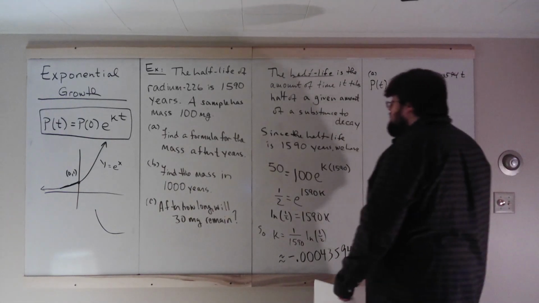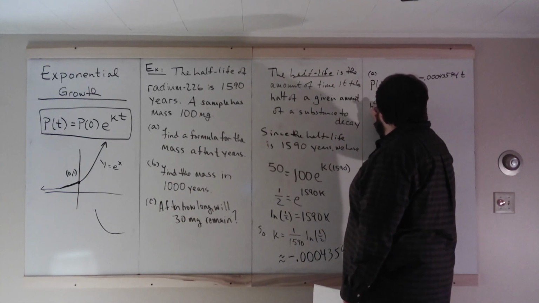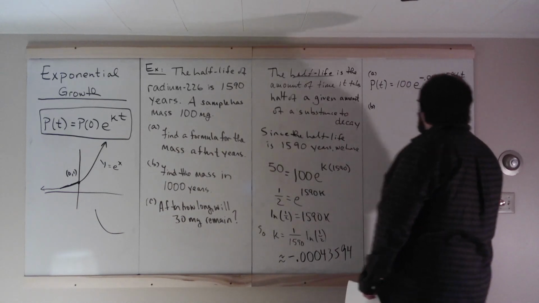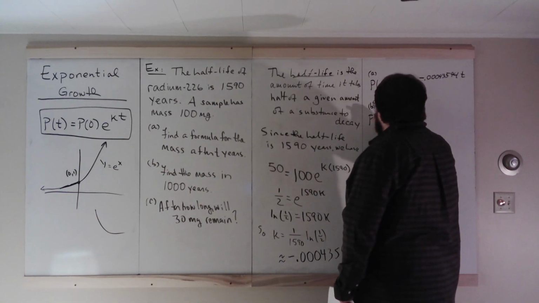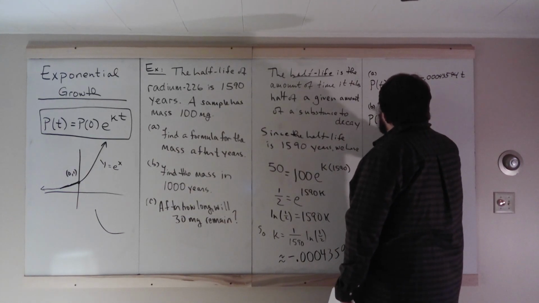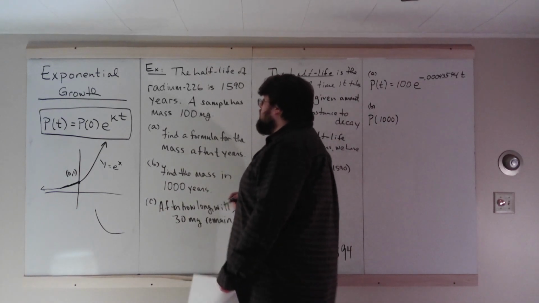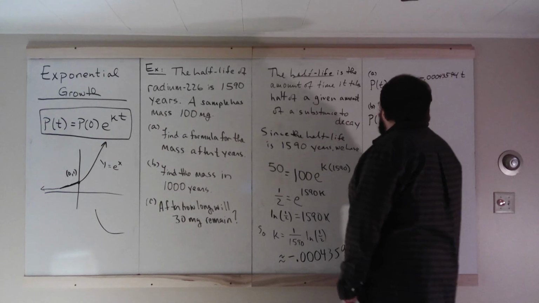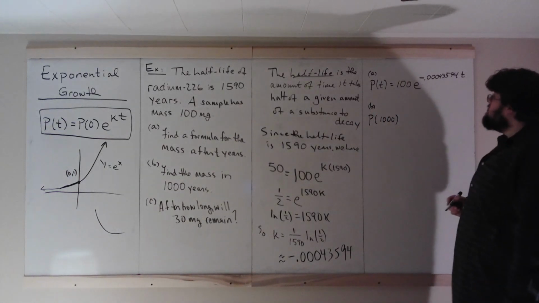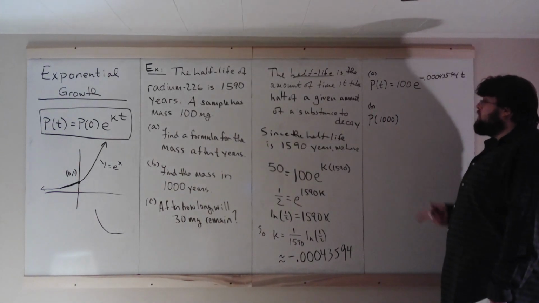Part B, find the mass in 1,000 years. Well, the mass in 1,000 years is P of 1,000. Here we're starting at time 0. We didn't say we're starting at like 1950. We're starting at time 0, and in 1,000 years you're at time 1,000.